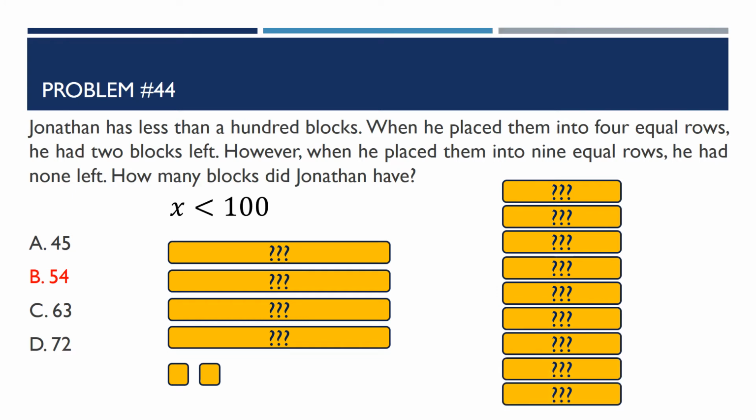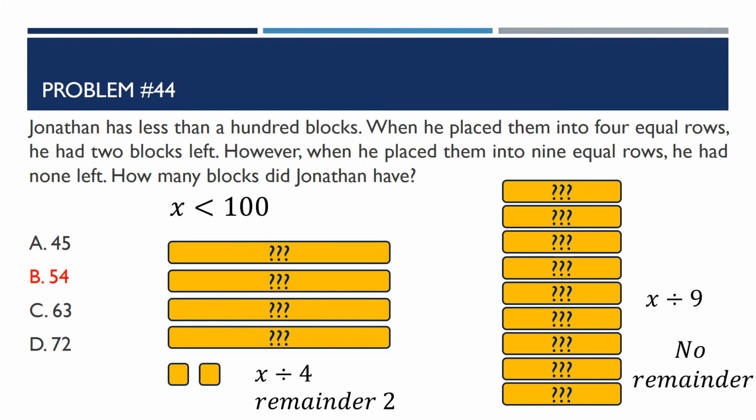So these 2 givens are actually telling us that if we divide the total number of blocks by 4, there will be a remainder of 2. And if we divide it by 9, there's no remainder. So again, the number that we are looking for is divisible by 9. And if you divide that number by 4, there will be a remainder of 2. So those facts are the important things to think about so that we can solve this problem.